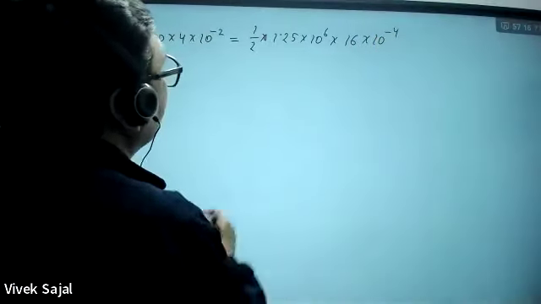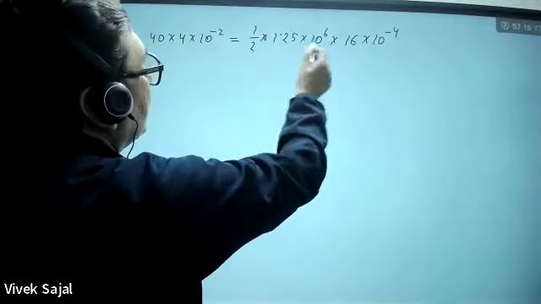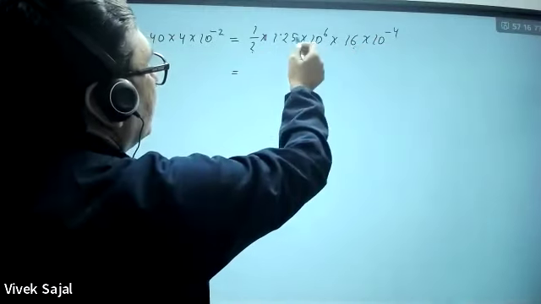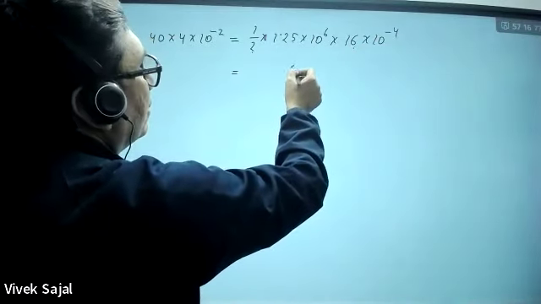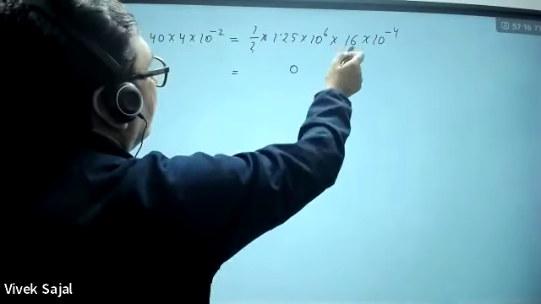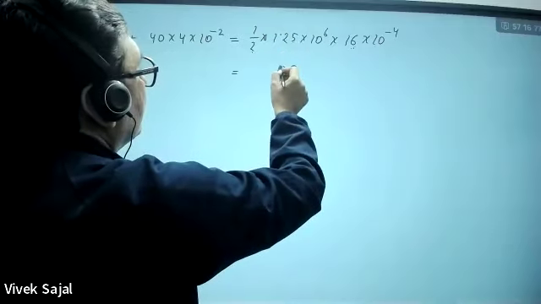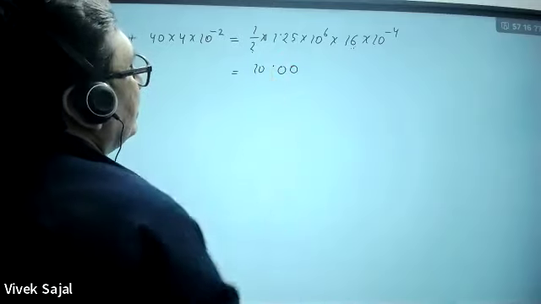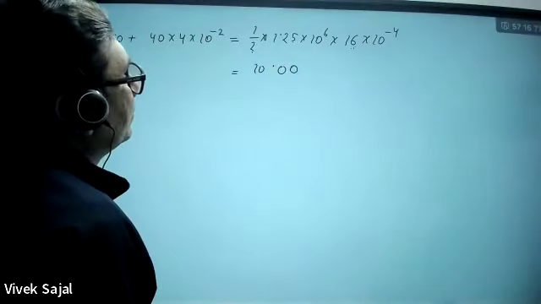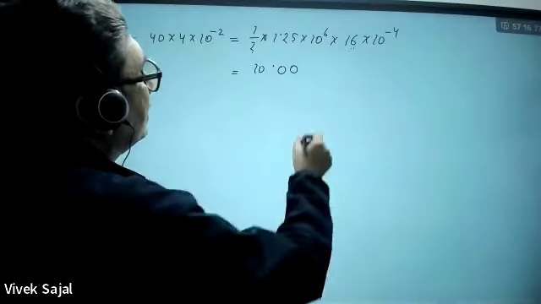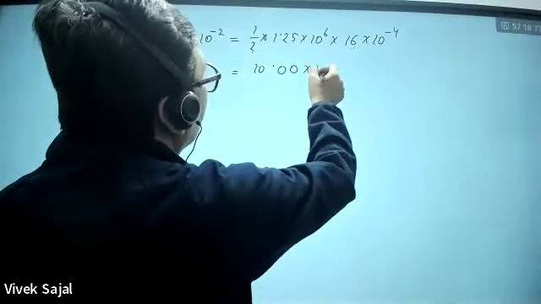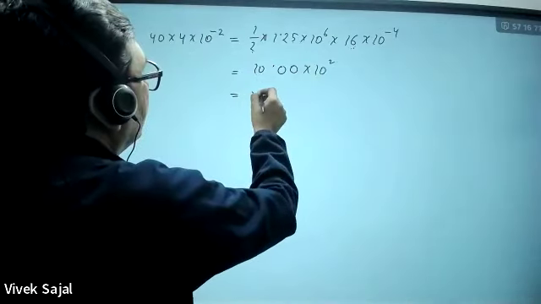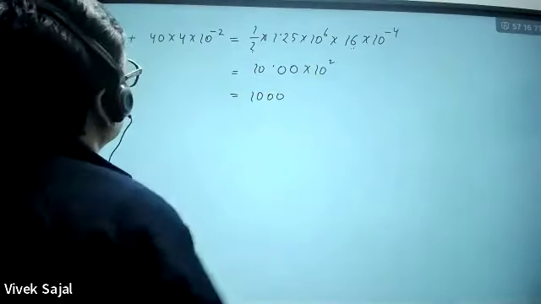Okay, this will be. So how much will it be? This will be 8 times. Okay? This will be 8 times. So 8 5s are 40, this will be roughly 10. Okay? Roughly 10. This will be 10 to the power 2. So on this side you are going to have 1000.